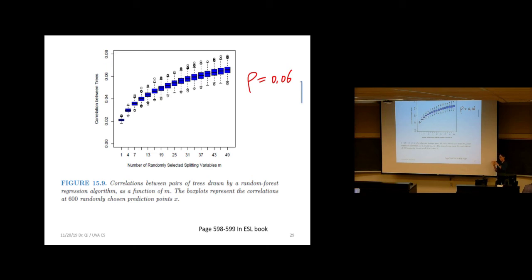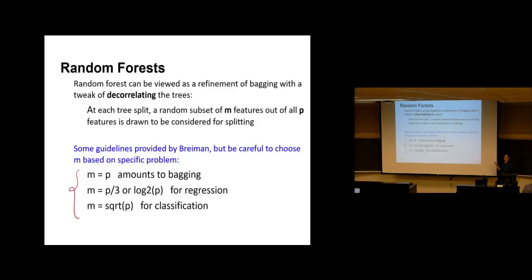If it's 1, it's fully positively correlated, and when it's close to 0, it almost means there's no correlation. This has a slight correlation, but very close to 0. Why do I even care? It will be really clear why that rho number is important. Now let's first see what the M values are. In fact, if you think about it, when M equals P, this model is exactly bagging.